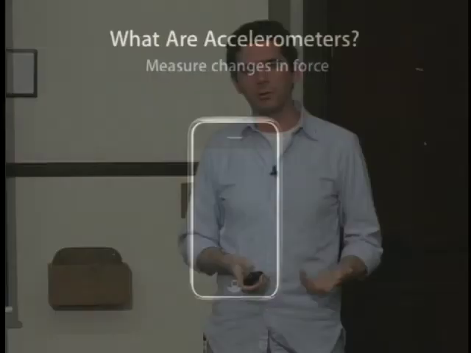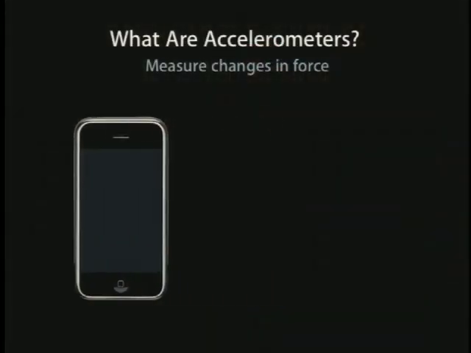So what's the accelerometer going to do? Well, it measures changes in force. Let's start out stationary. You're holding your device in your hand, up and down, and there's a constant downward force, the force of gravity. The accelerometer will report that as 1g pointing downwards.